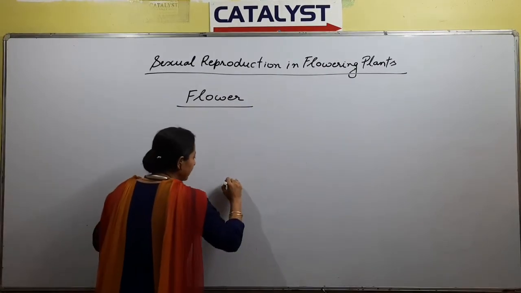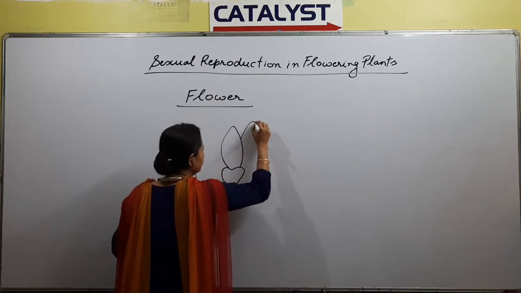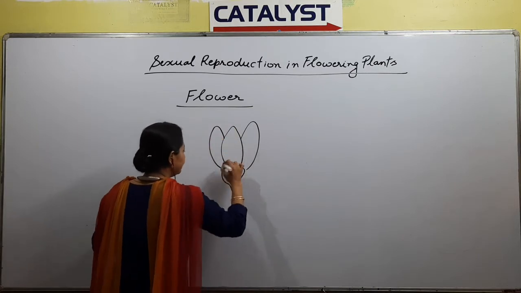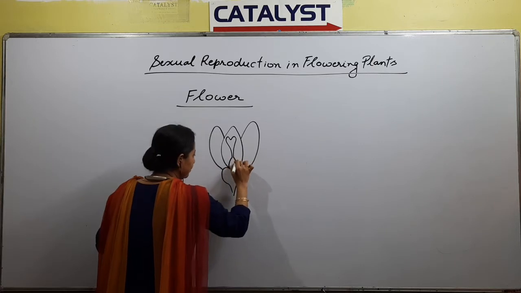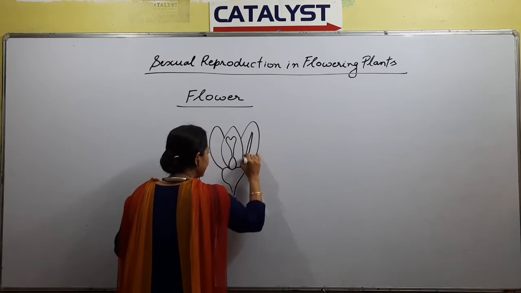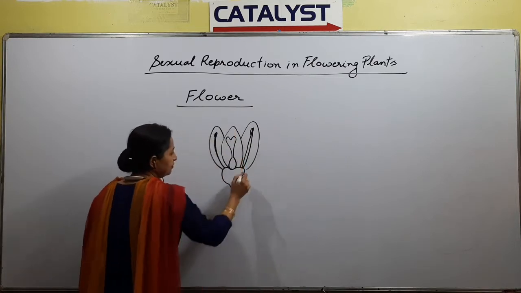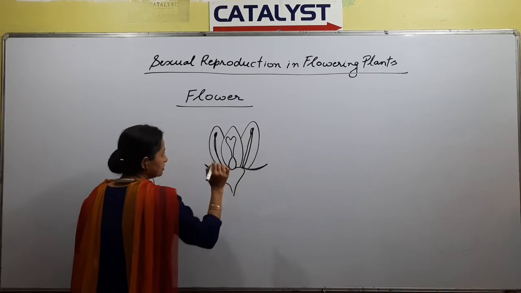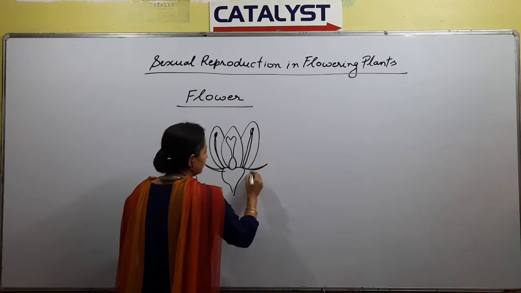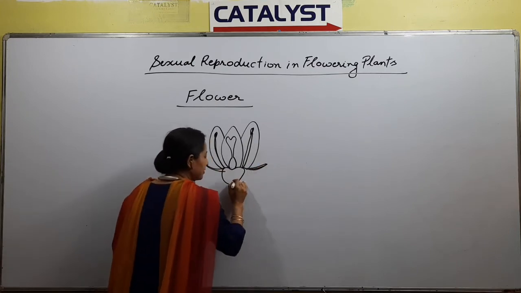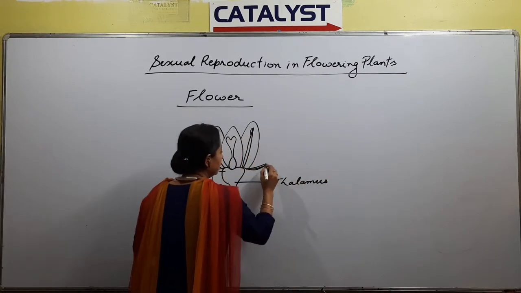So when we talk about the flower, we remember some of the basic information. If suppose we are talking about a flower like this, we know a flower is made up of 4 whorls, right? And what were the 4 whorls? Just to have a brief idea, if this is the flower, then this is called the thalamus, right?